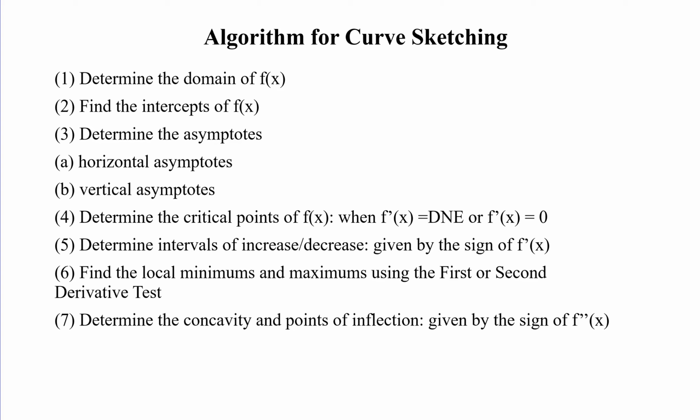From that, you're going to determine the intervals of increase and decrease given by the sign of f prime of x. Then you'll be able to determine the local minimums and maximums using the first or second derivative test. The last thing is to determine the concavity and points of inflection, which is given by the sign of f double prime of x.